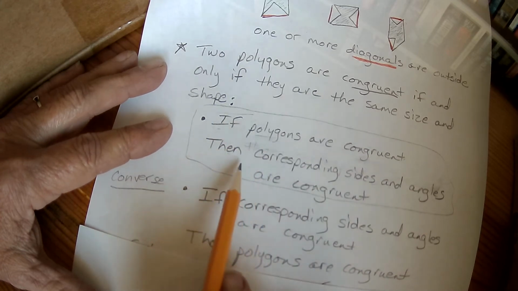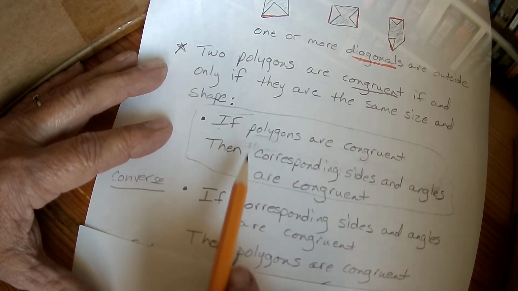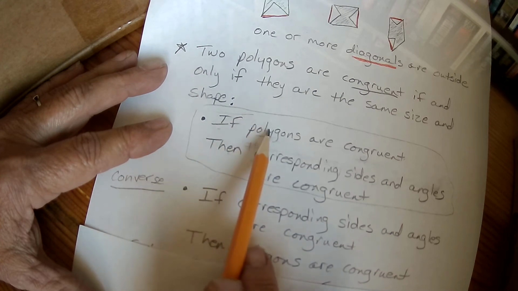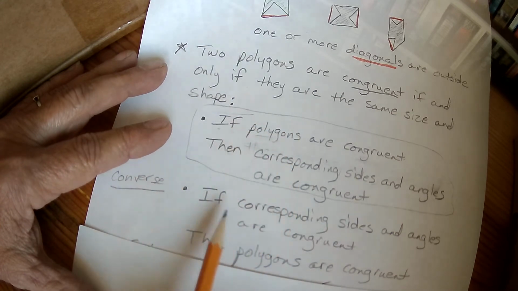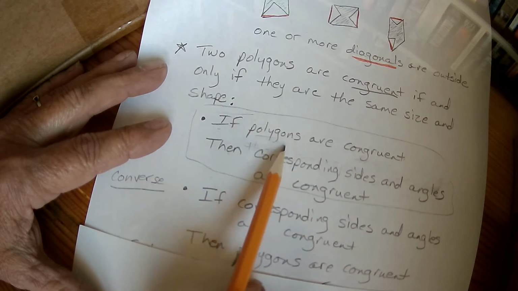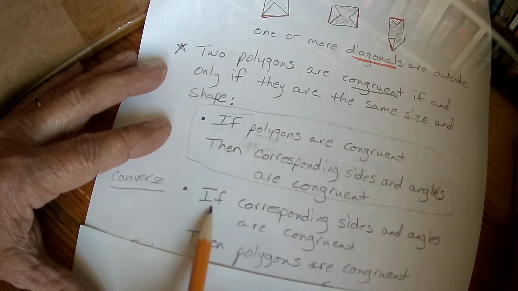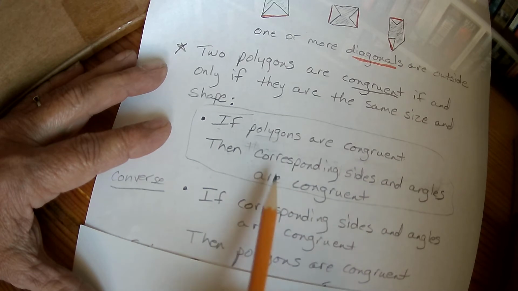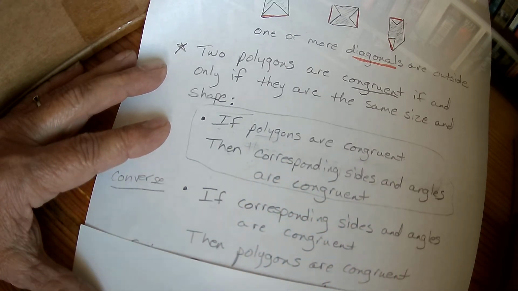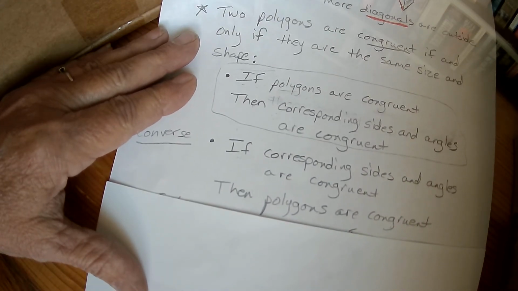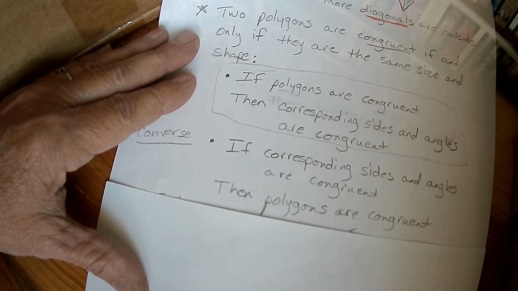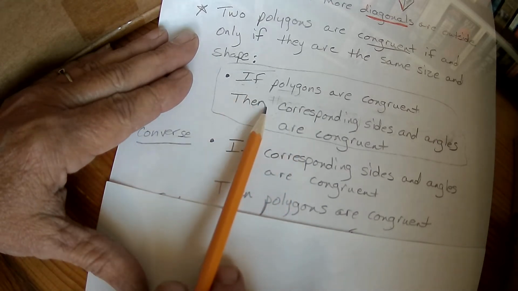The converse of this statement is you just trade places with the if-then parts. So the new statement, the converse of this, would be if the corresponding sides and angles are congruent, then the polygons are congruent. Keep in mind, and we'll talk about this more in a later chapter, that the converse of a statement is not always true. In this case, the converse of this original statement is true.